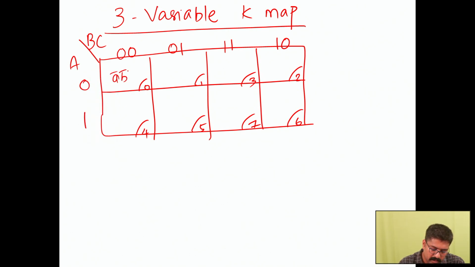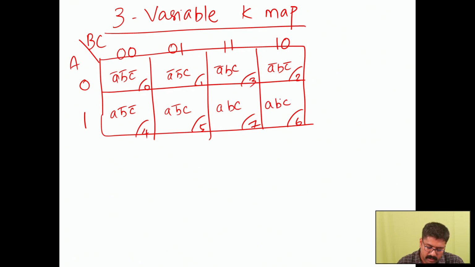Now it is A bar B bar C bar, A bar B bar C, A bar B C, A bar B C bar, A B bar C bar, A B bar C, A B C, A B C bar.